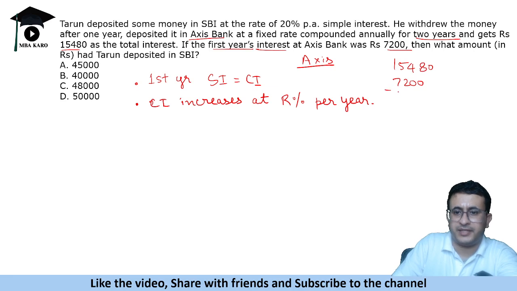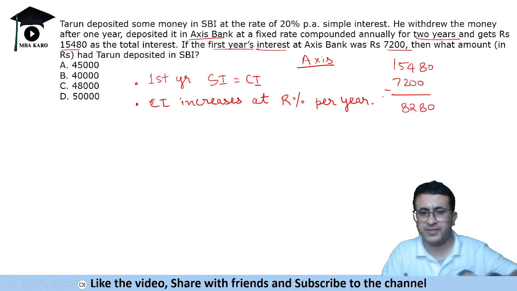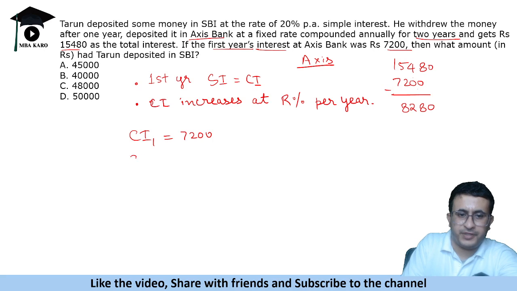So second year में इसने कितना compound interest बनाया, that is 8280. Okay, so second year, compound interest for first year is 7,200, total compound interest is this, so compound interest for the second year is 8280. What is the increase? The increase is 1080.